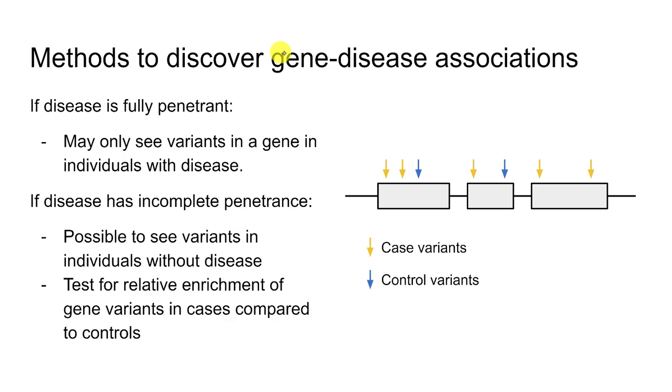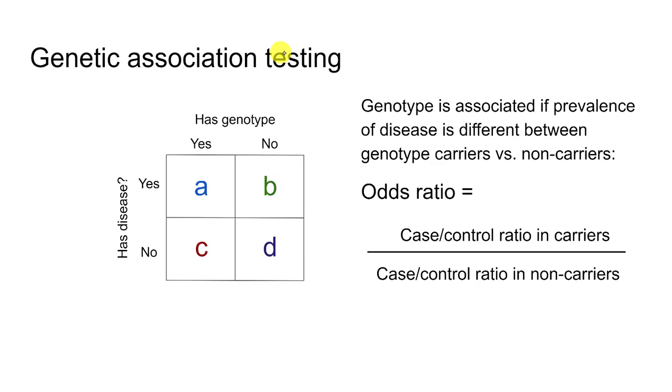Whereas with incomplete penetrance, you now have to test for the relative enrichment of variation in that gene in cases versus controls. So how do we put this into a statistical framework? One very simple way of doing this is looking at odds ratios. You know whether or not an individual has a certain genotype, and you also know whether or not they have a disease.